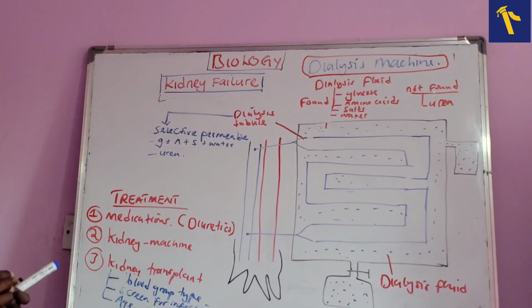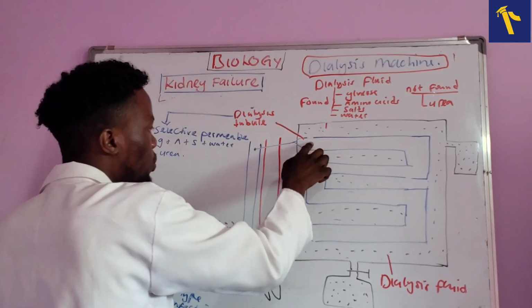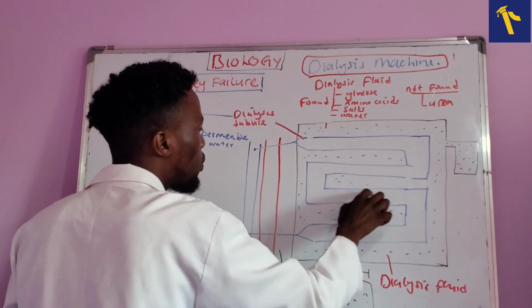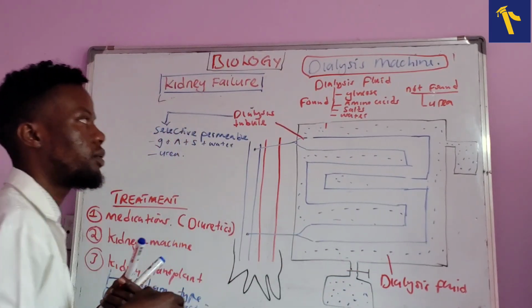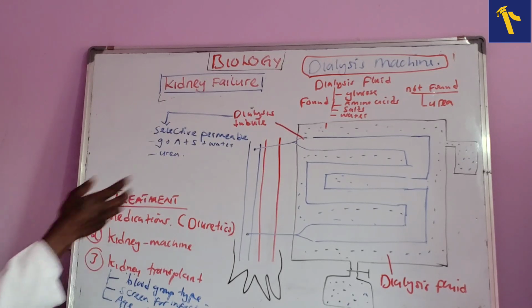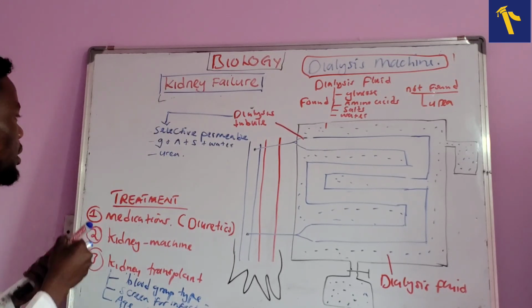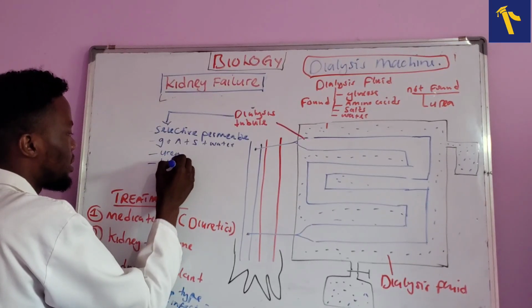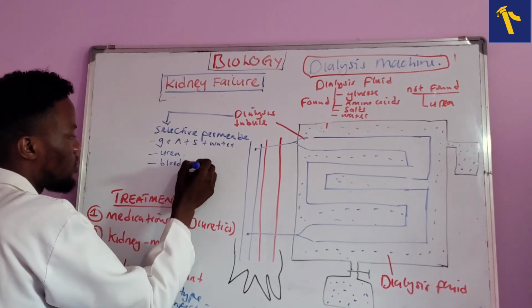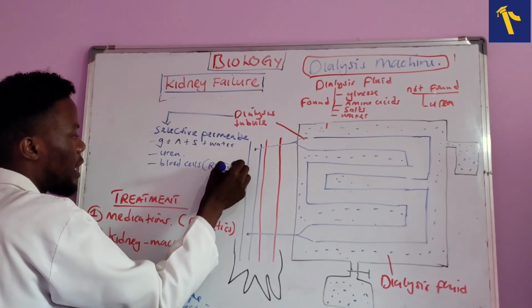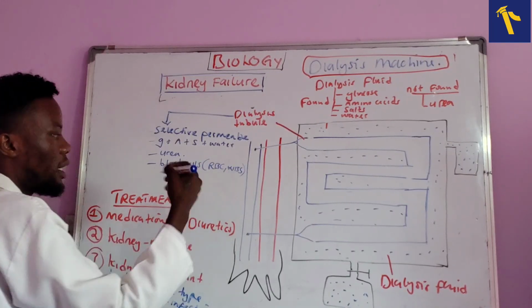Okay? As you can see, inside here we're saying you can find all the components that are required. So you can find glucose, amino acids, salt, water, as well as the urea. And the other thing that you can find is blood cells. So blood cells, I mean, you can find red blood cells, you can find white blood cells, and many other things.